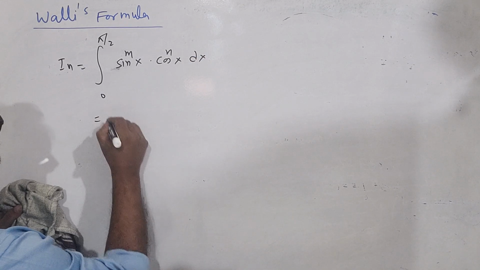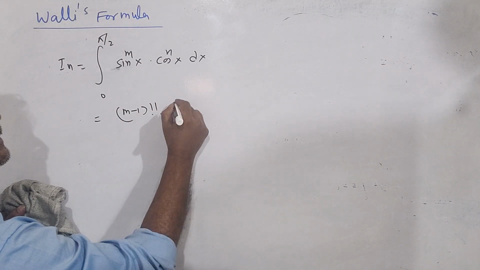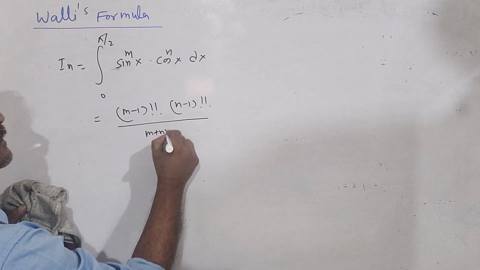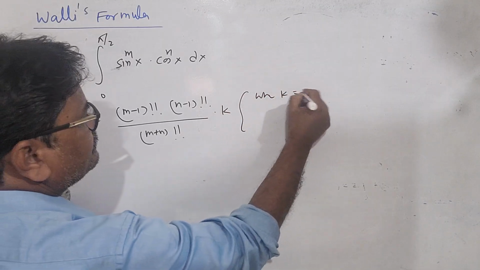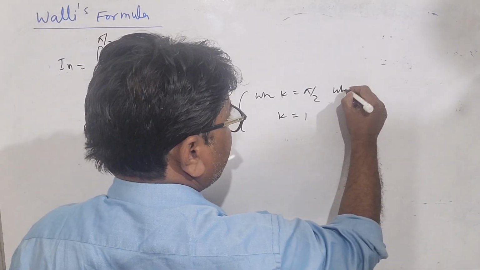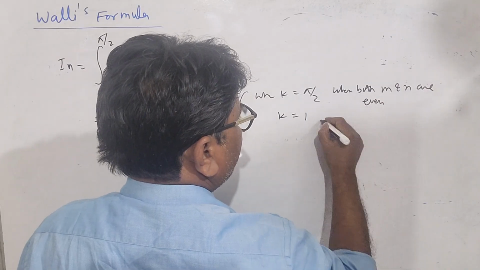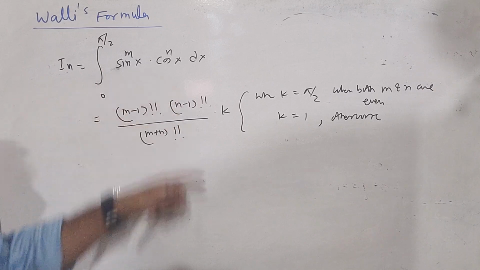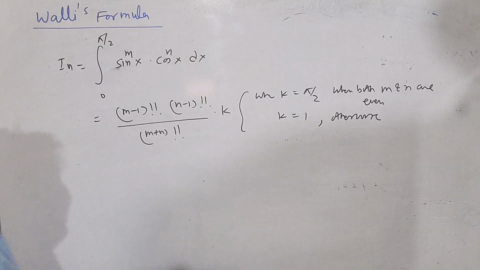So this can be written as (m minus 1) double factorial into (n minus 1) double factorial upon (m plus n) double factorial into k, where k is pi by 2 when both m and n are even. Otherwise, when both are odd or one of them is odd, the k value is 1, and if both are even, then the k value is pi by 2.